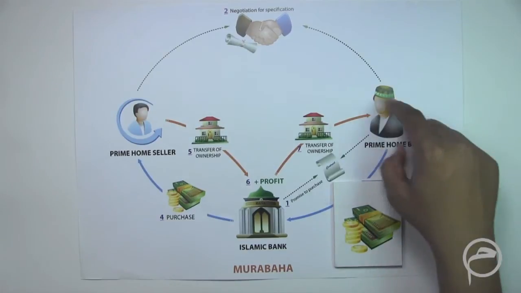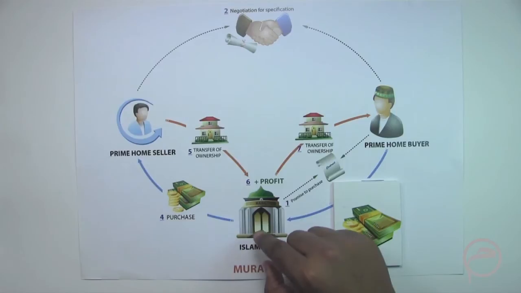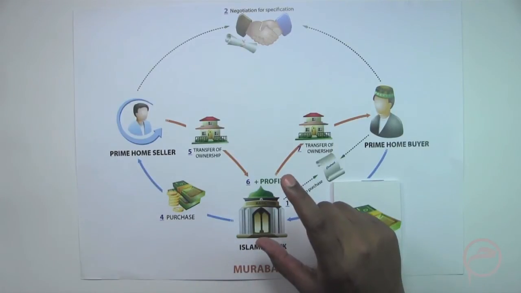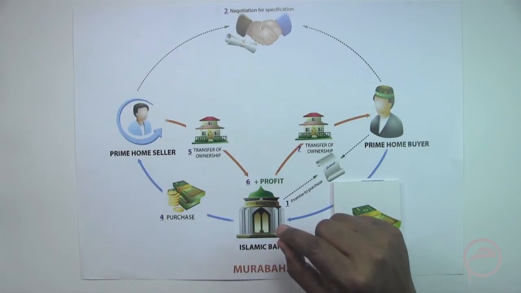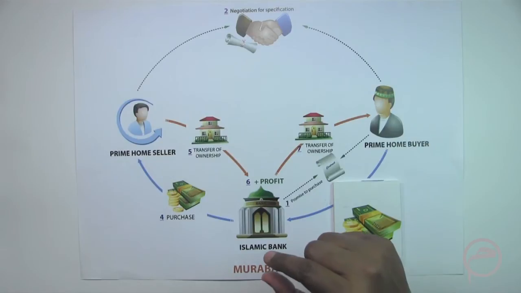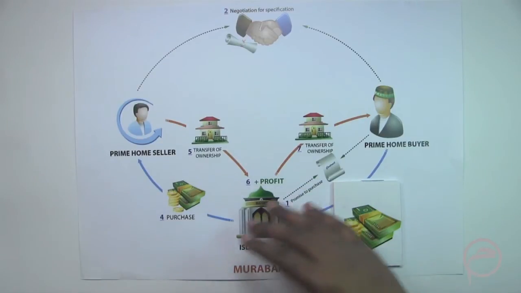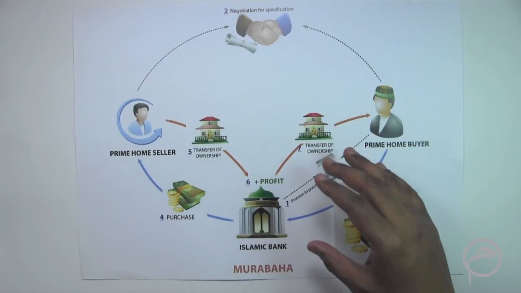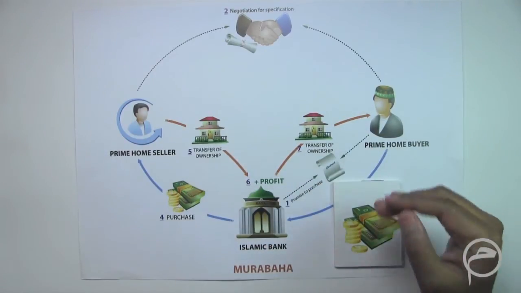So for example, if this is a customer which has approached the Islamic bank, and the Islamic bank is using a murabaha structure, meaning a kind of sale transaction in which the cost plus the profit portion is disclosed to the customer. Generally the murabaha in the market today is used as a deferred sale transaction.